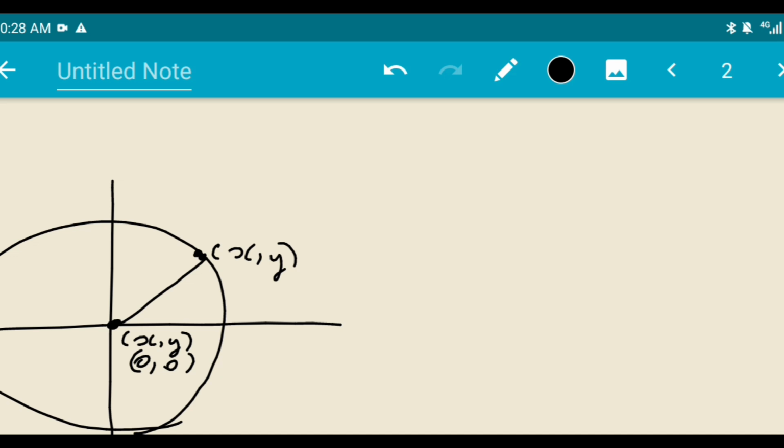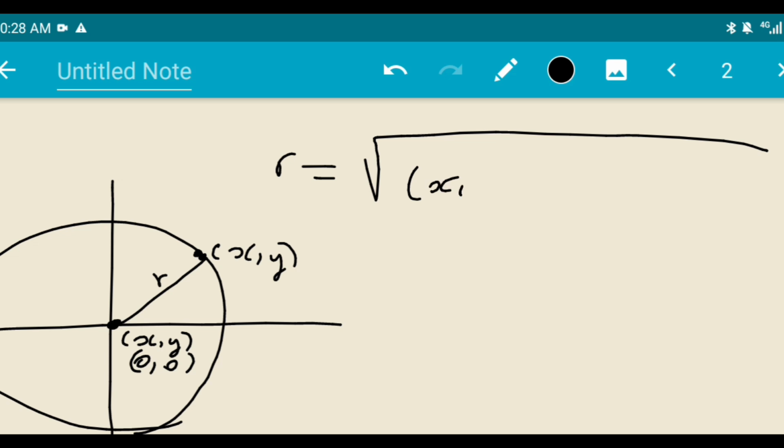So r, that is to say the distance, or the radius in this case since it's a circle, is equal to the square root of, you open brackets, (x2 minus x1) squared plus (y2 minus y1) squared. That is the distance equation between these two.